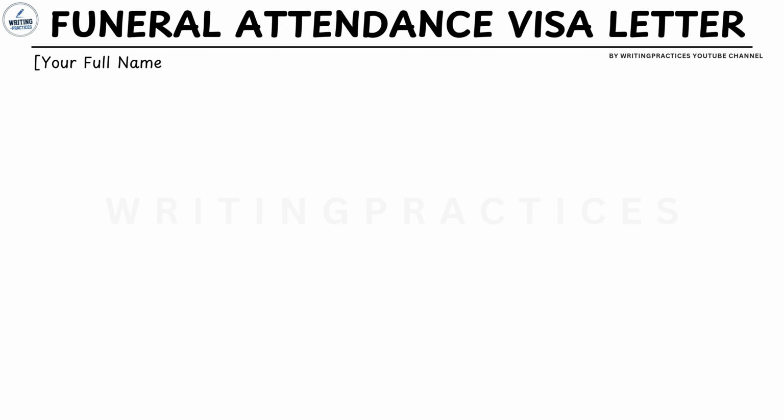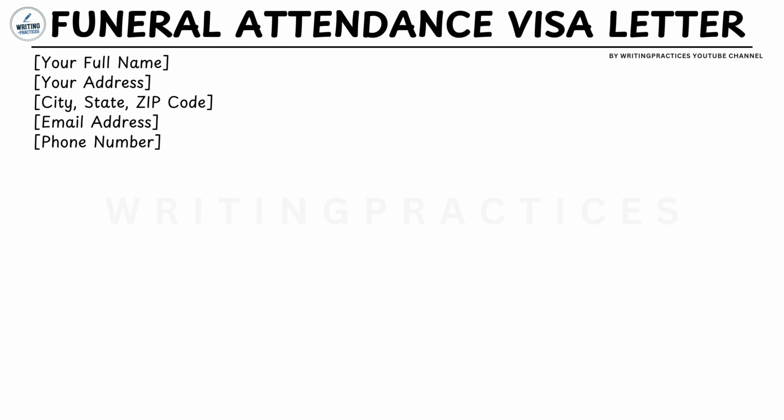Heading Information. We begin the letter with the writer's full contact details. This includes your name, address, city, state, zip code, email address, and phone number. For instance, if your name is Sarah Thompson and you live at 456 Elm Street in Los Angeles, it would look like this.